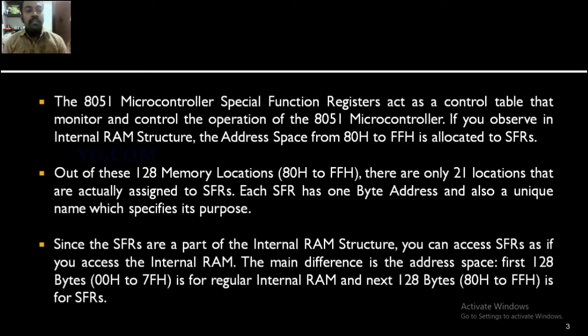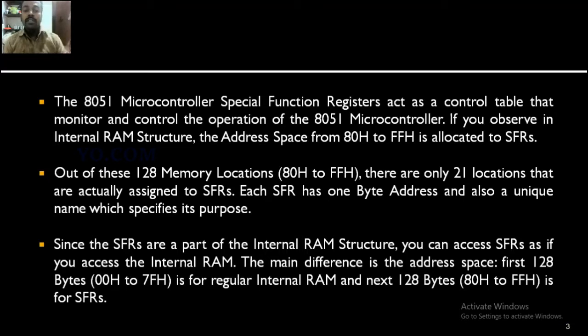In the 8051 microcontroller, special function registers act as a control table that monitors and controls the operation of the microcontroller. If you observe the internal RAM structure, the address space from 80H to FFH is allocated for SFRs.